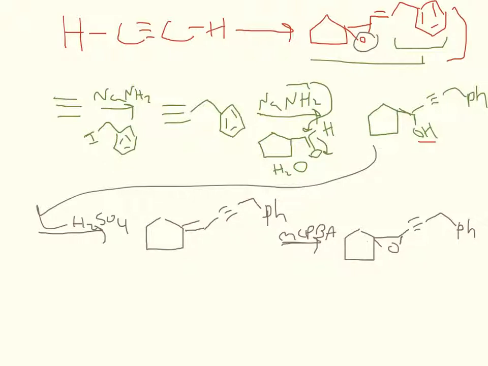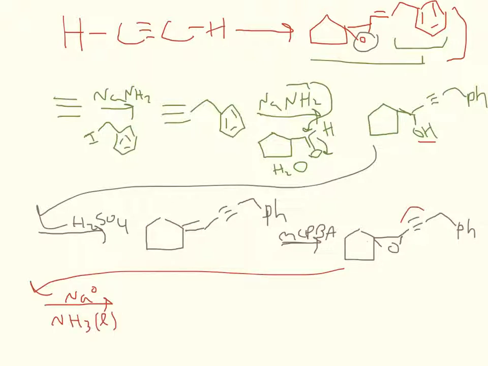In order to get the trans double bond, we're going to use sodium metal and liquid ammonia. And that will take this triple bond and turn it into a double bond. And then we end up with our epoxide and our double bond, and then our lovely phenyl group.